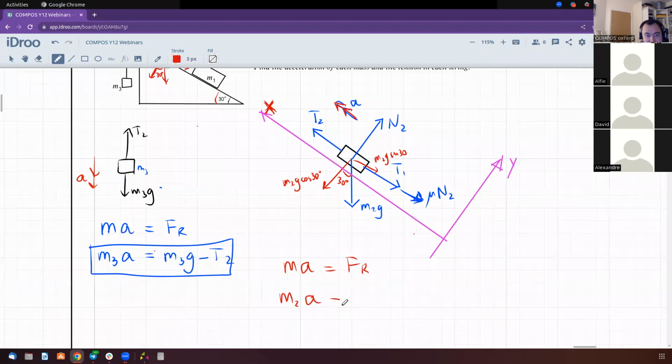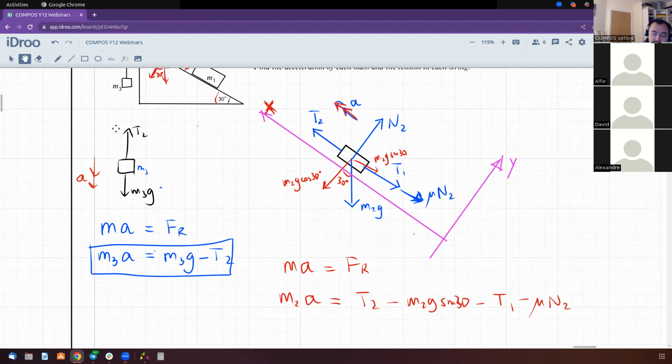Mass acceleration is equal to forces up the slope, so T2, minus forces down the slope, so minus M2G sine theta, sine 30, minus T1, minus mu N2.